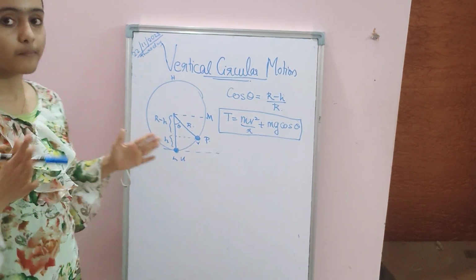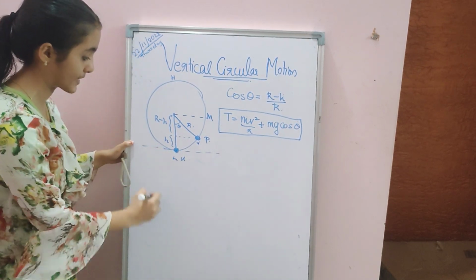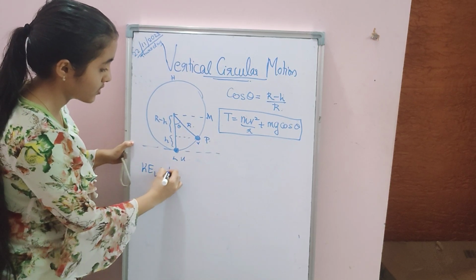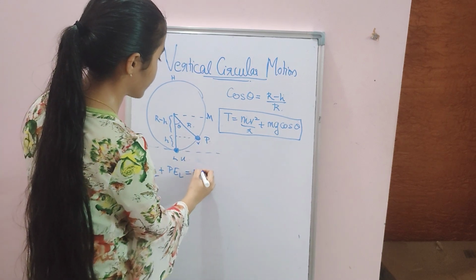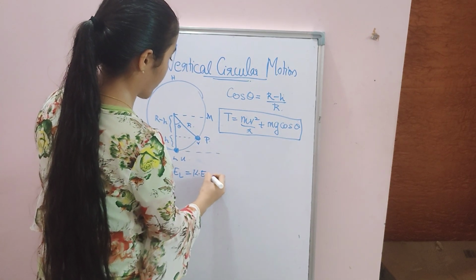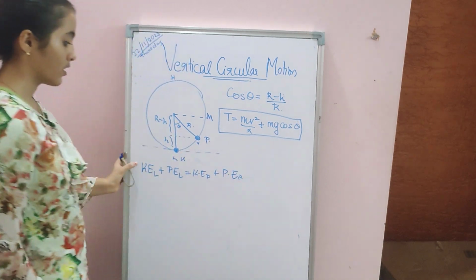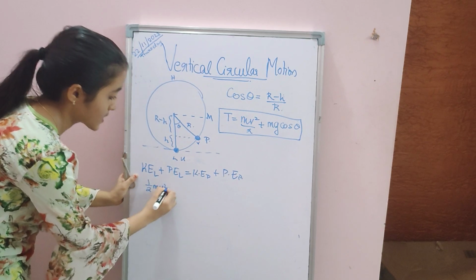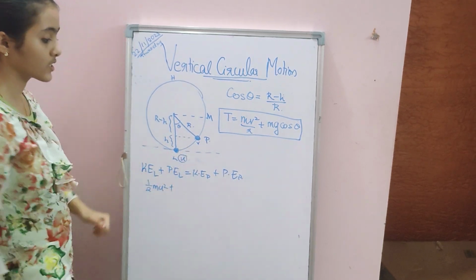Now we are applying conservation of mechanical energy. According to it, kinetic energy at the lowest point plus potential energy at the lowest point is equal to kinetic energy at point P plus potential energy at point P. Kinetic energy at the lowest point is half m u square, since the initial velocity is u, plus potential energy at the lowest point.